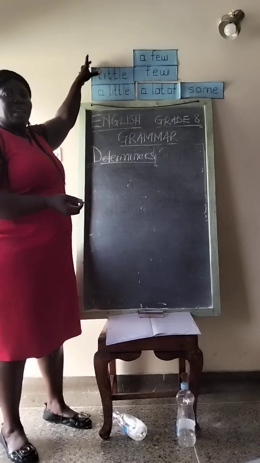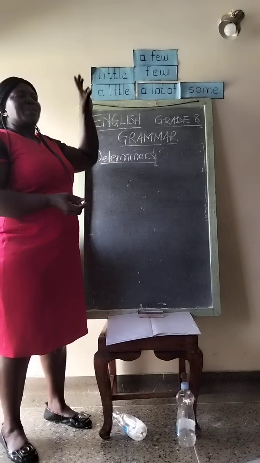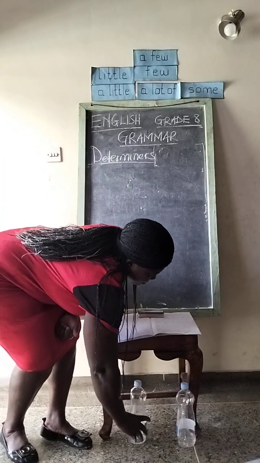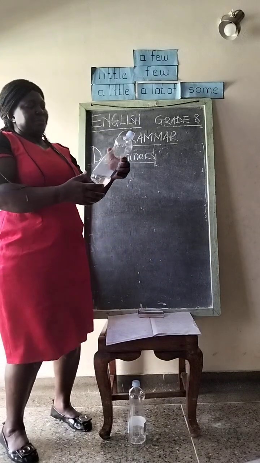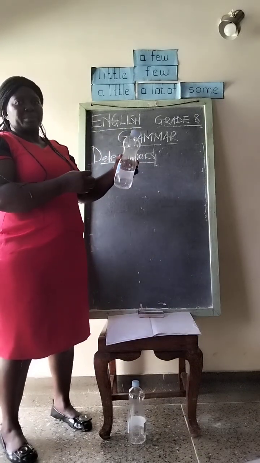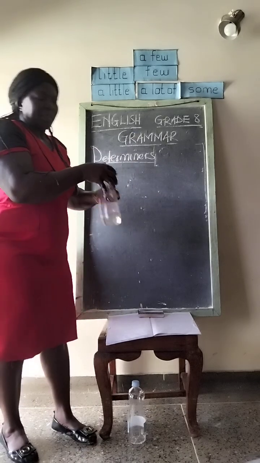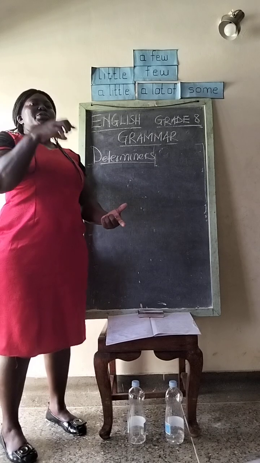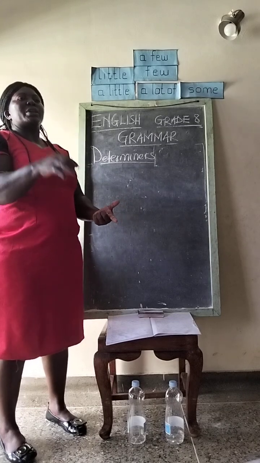There are also nouns you cannot count. For example, I have a bottle here with water. You cannot count the water here. We also have sugar. You can't literally count sugar 1, 2, 3. You cannot count salt.